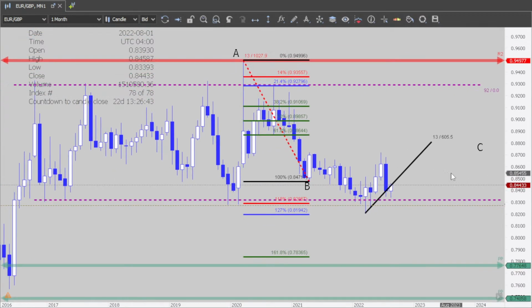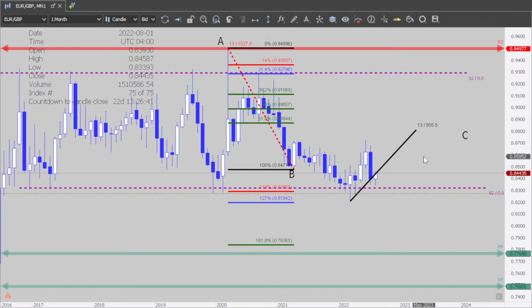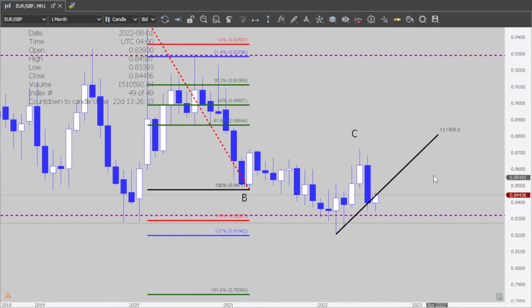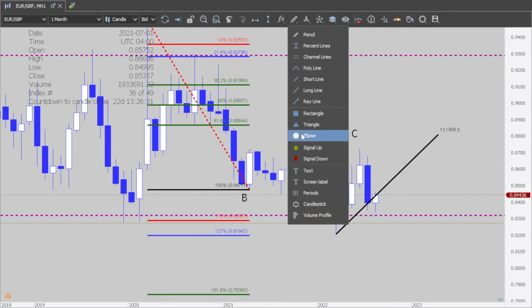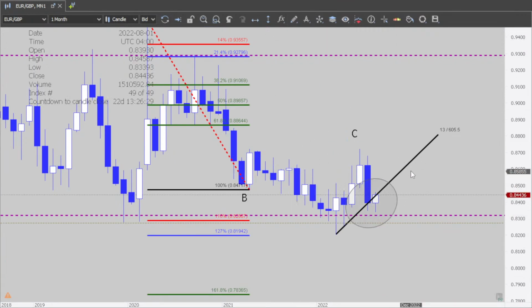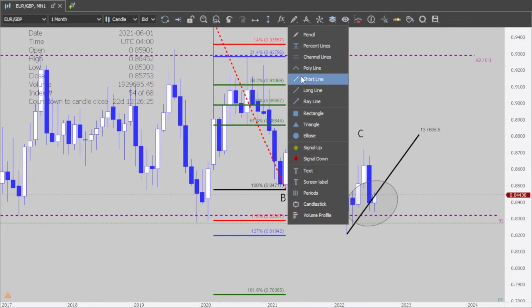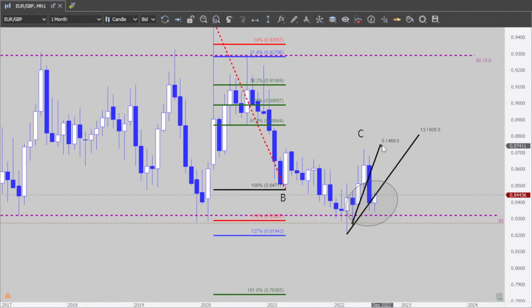We're going to check the daily and the weekly too. You would say, oh, this is the A, this is the B, this is the C. And some of you might, or might not, have shorted this counter trend line break on the monthly, something like this, right?